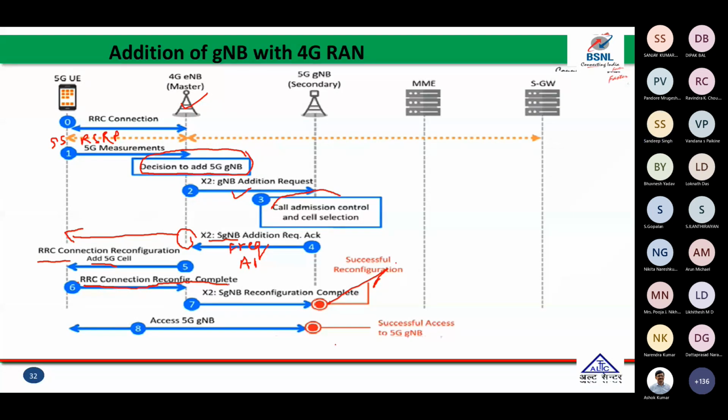That means it knows all the messages, including the RACH parameter message, that were sent by the G node B on the X2 interface and received in the RRC reconfiguration message. The RRC reconfiguration complete message is transferred to the 5G G node B, and after the successful reconfiguration, the UE accesses the G node B. How does the 5G UE now access the G node B? By the RACH procedure.